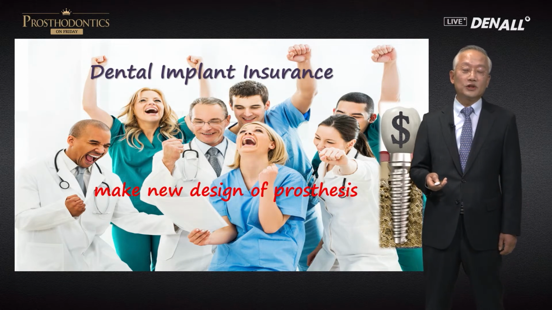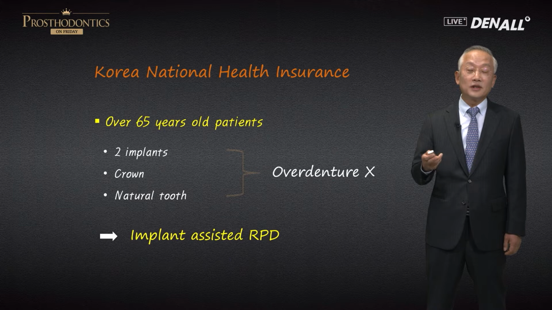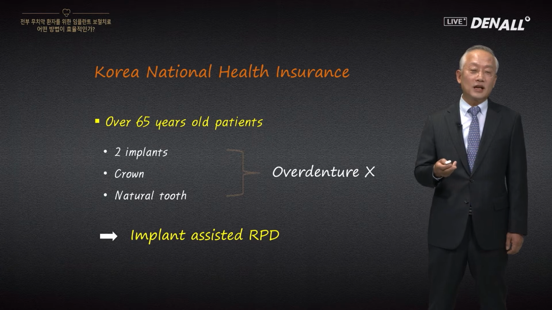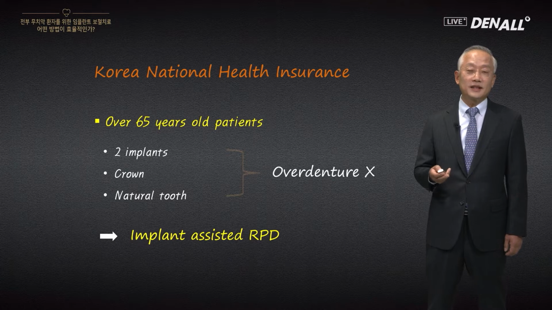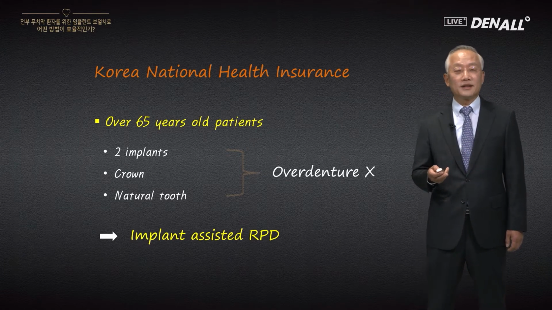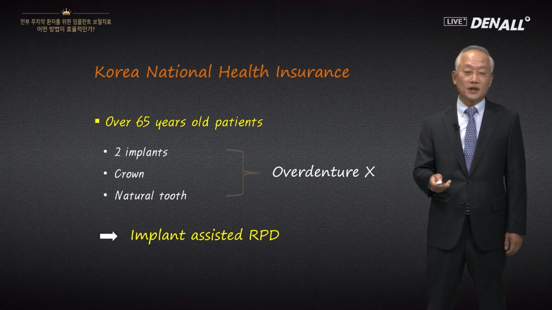The reason is, in our national insurance, for those above 65, 2 implants are allowed, and crown needs to be there, and natural tooth also needs to exist for insurance to apply. Because of such regulation, this design is used extremely frequently in Korea.